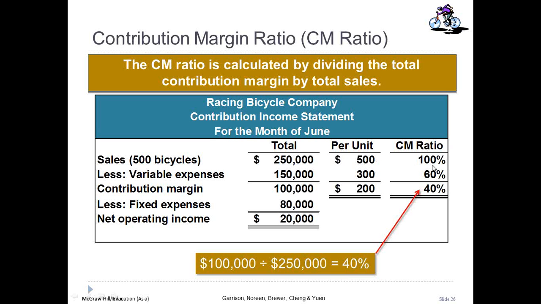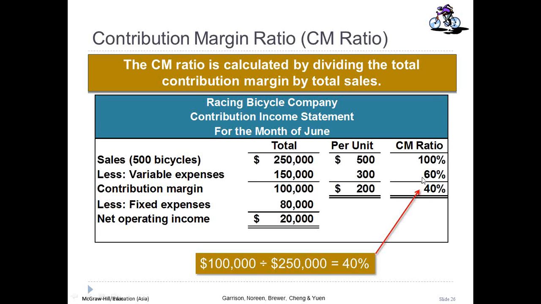So here, the contribution margin ratio would be 100%. Now, we have variable expenses, $300 per unit. So 300 divided by 500 is 60%. The difference here is a contribution margin, $200. So 200 divided by 500 is going to be 40%.